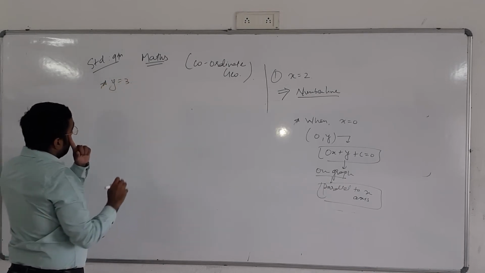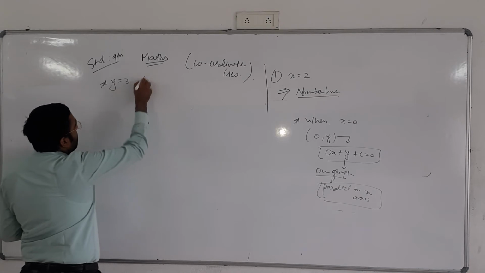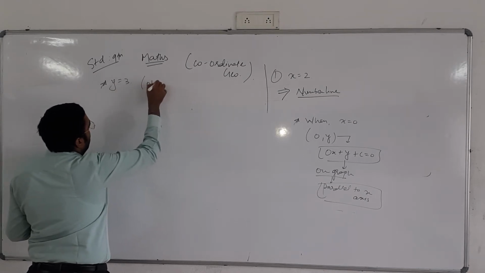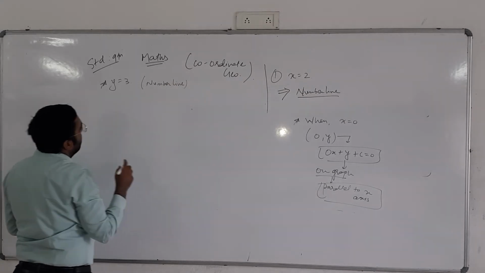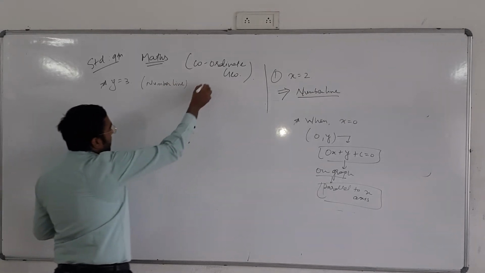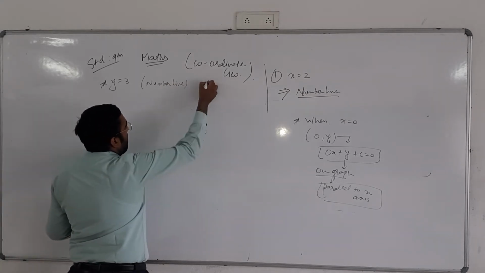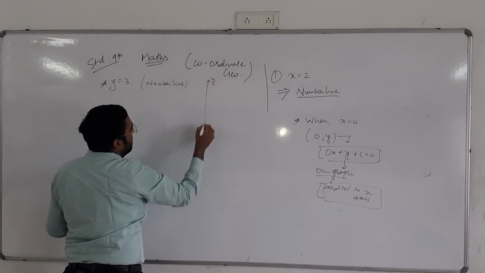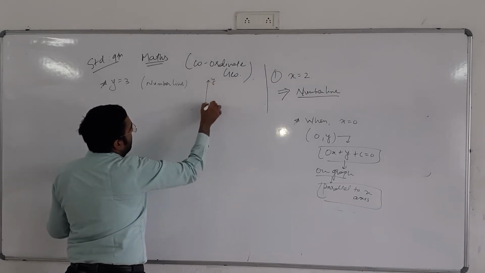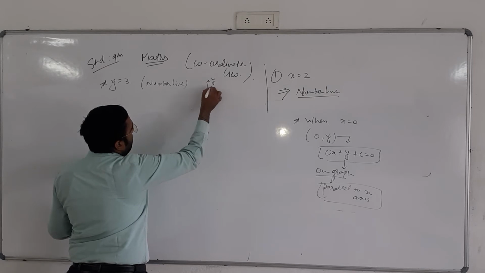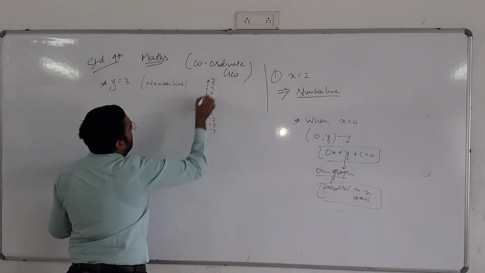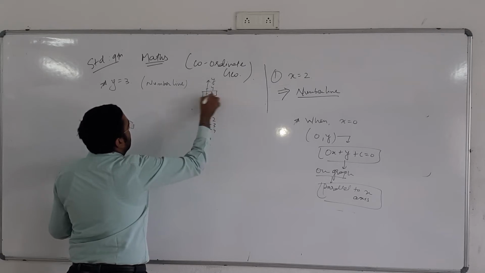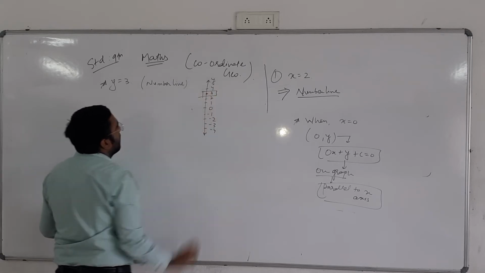On the number line in one variable, I draw the y axis, my 0 is here, 1, 2, 3, 4, minus 1, minus 2, minus 3, minus 4. Therefore your point is here in the one variable.